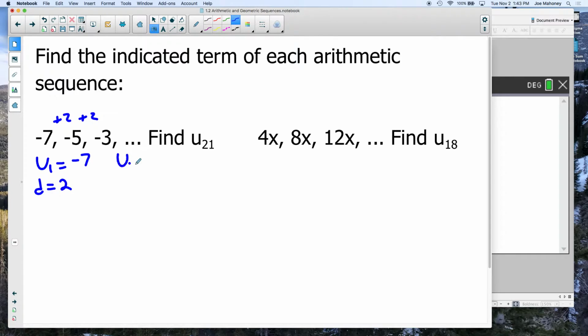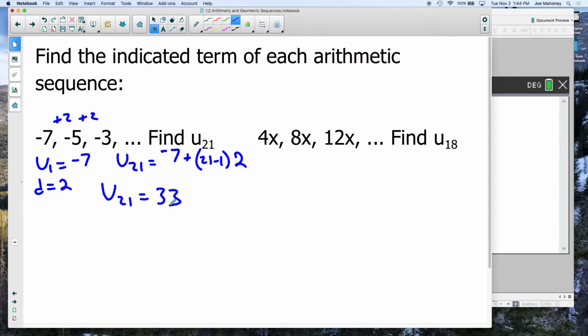So if we want the 21st term, all we need to do is take our first value, negative 7, and add to it 21 minus 1 times our d value of 2. So 21 minus 1 is 20, times 2 is 40, minus 7. So the value of the 21st term of that sequence is 33.